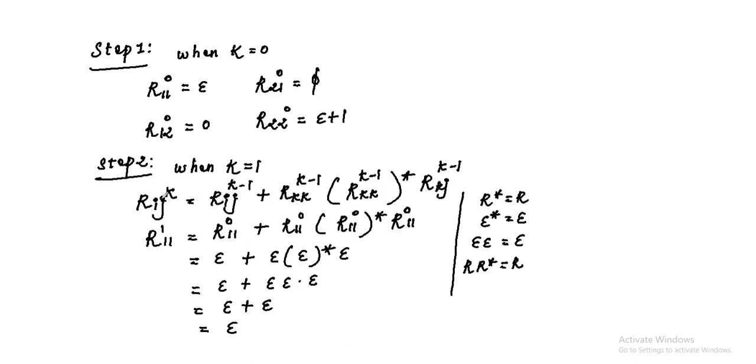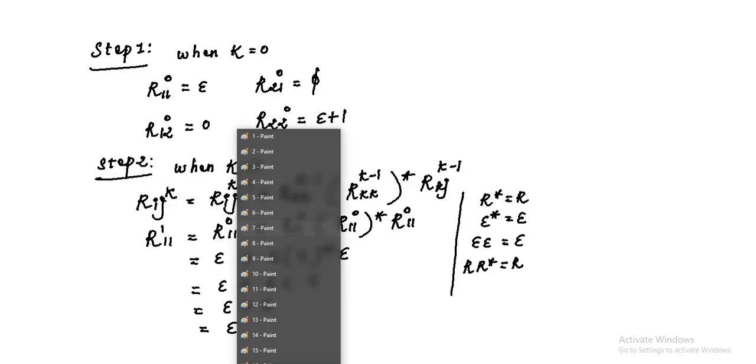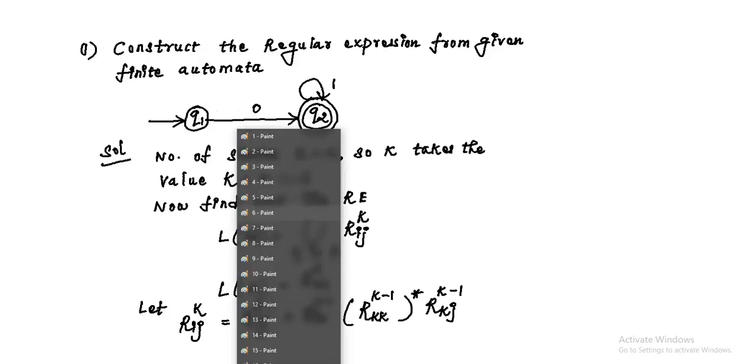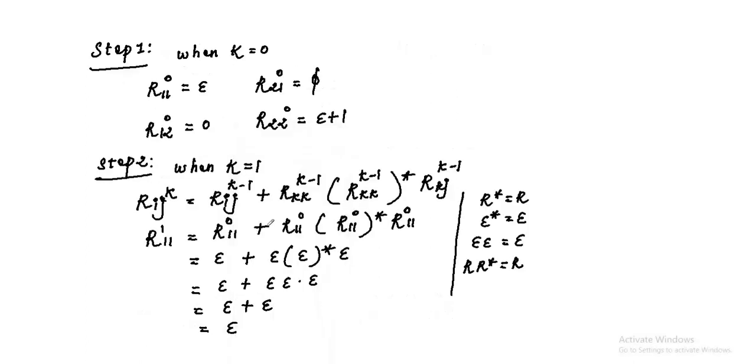Then for Rij, take the combinations using the transition diagram. In this transition diagram, the combinations are R11, R12, R21 and R22. So take the first combination, R11, when k value is 1. Here I am writing raised to the power 1.